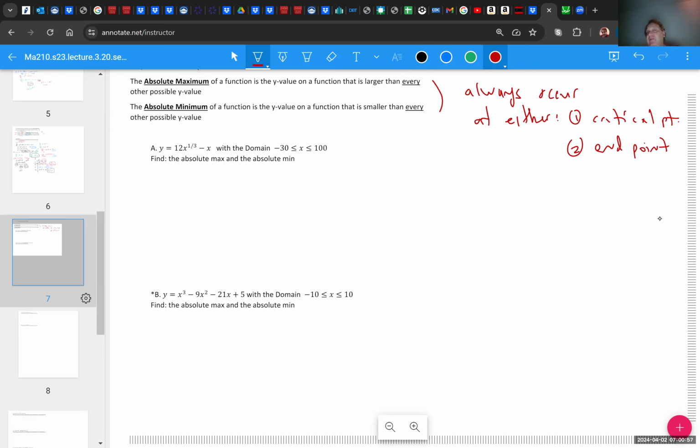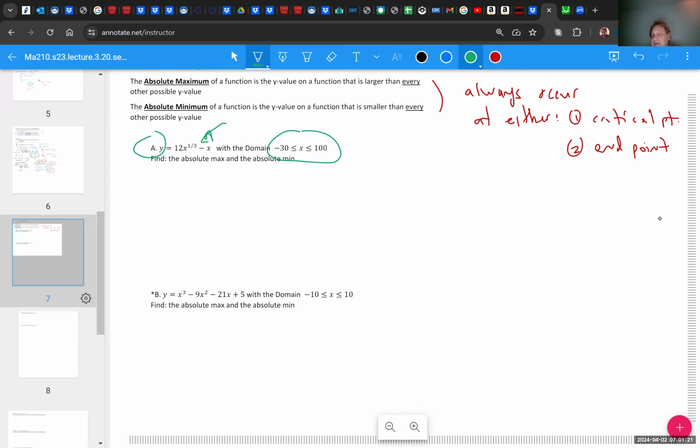Now, most functions don't have natural endpoints. Some of them do, square roots and logs and stuff like that, but most of them, we're going to just force some endpoints. So you can look at example A right now. You can see I have a function here, and I just threw a couple endpoints in there. So the domain says that x is only allowed to be between negative 30 and 100. So these are now endpoints.